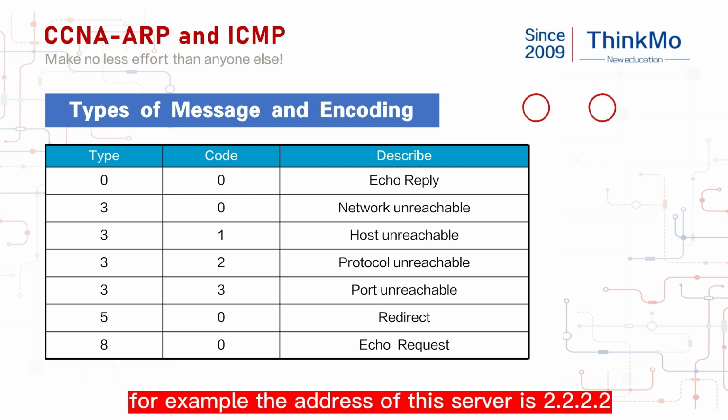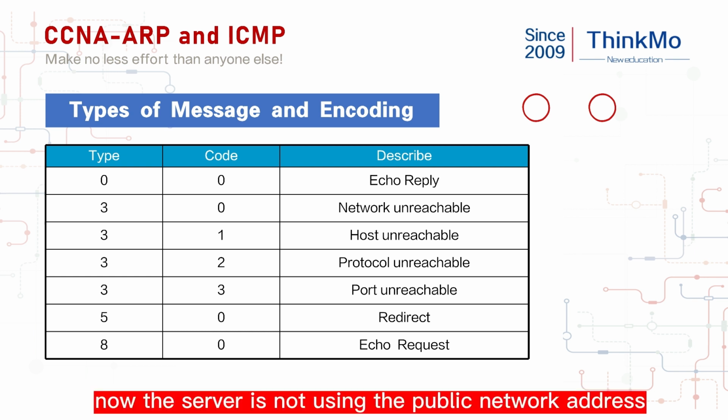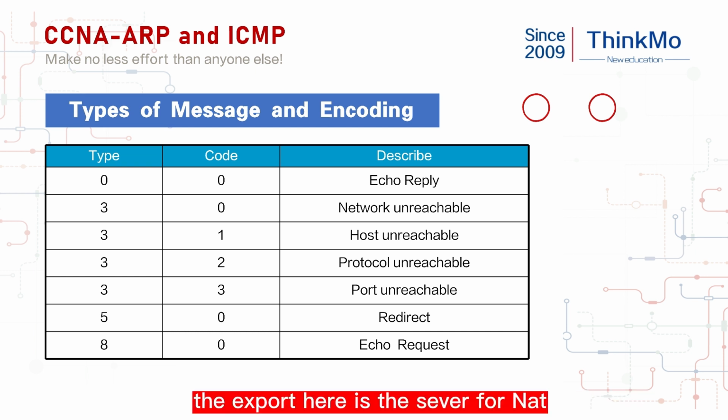For example, the address of this server is 2.2.2.2, and this address is 1.1.1.1. But in fact, the server is not using the public network address. It is a private network. The export here is the server doing NAT. The public network address is also used internally.